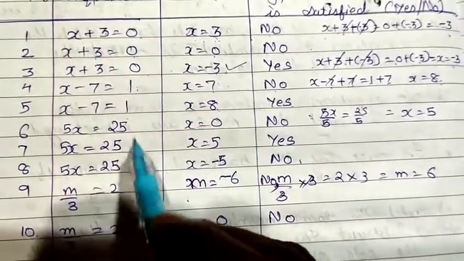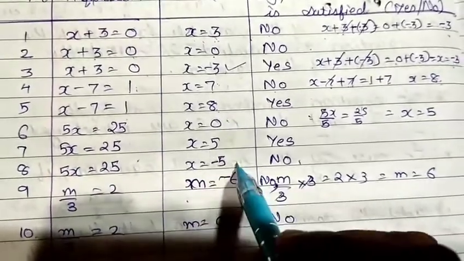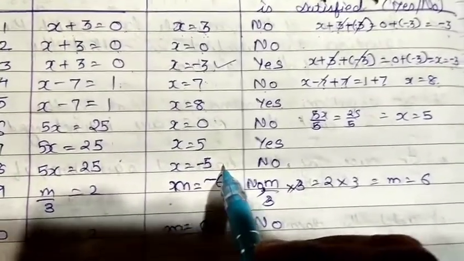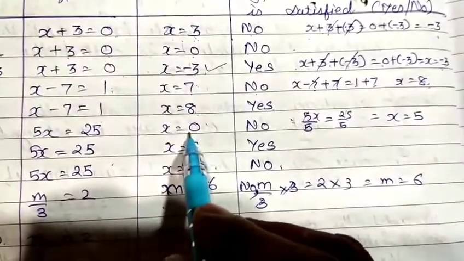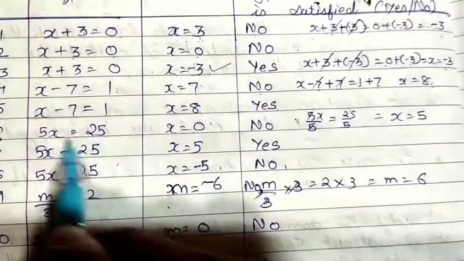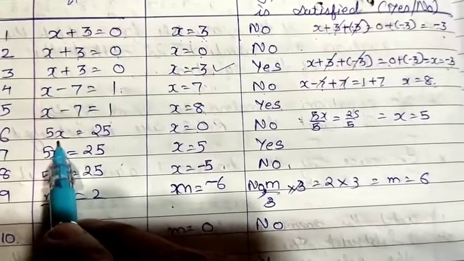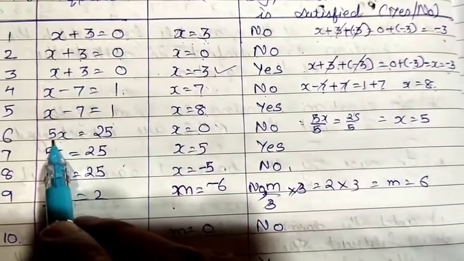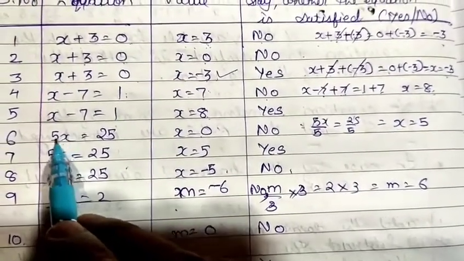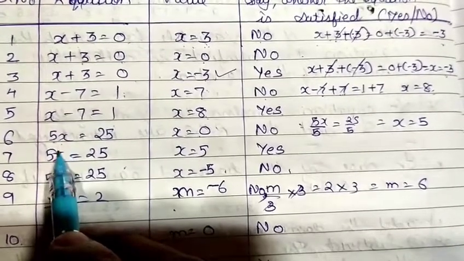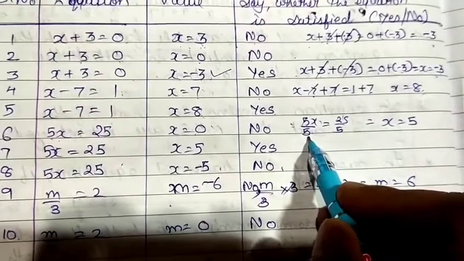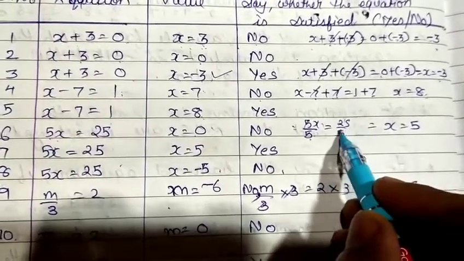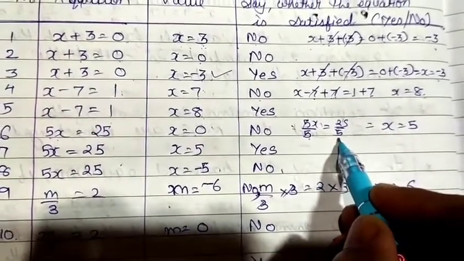Now similar again 3 question, all 3 different value. Which one is correct? We have to find. Here 5x equals to 25 and value of x is given 0. Let us check. Now here 5 is given in multiple form. Now to eliminate this 5, I have to divide this expression by 5. So 5x divided by 5, whatever value I am taking toward my left hand side, same value you have to take toward your right hand side.